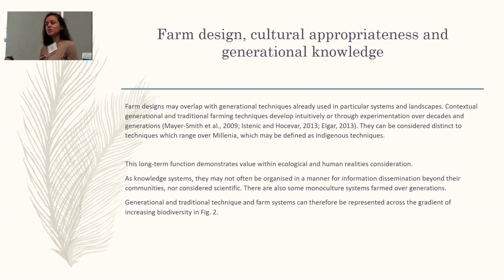I don't delve so much into indigenous techniques because coffee farming, even though it's been farmed for 200, 300 years in some countries, I call more generational techniques because it's been introduced through colonialism. But techniques have developed over the centuries, and often farms are passed through families. So these knowledge sets are passed through families, and originally most coffee farms, although not all, were biodiverse forestry systems, not producing so much though.